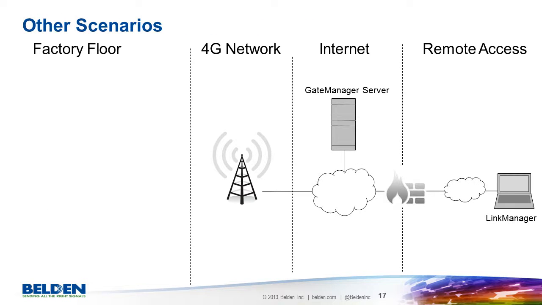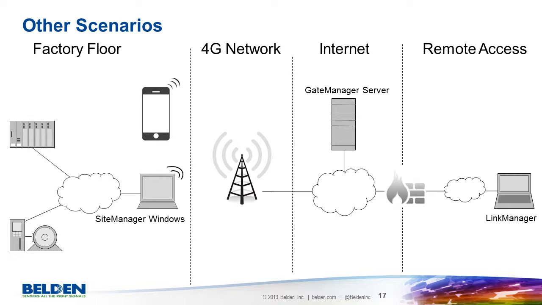As previously mentioned, there are many other possible combinations. Just out of interest, here's an example. In this case, the Site Manager PC is tethered to a mobile phone, so the phone acts as a wireless access point. The Site Manager PC will only connect to that specific mobile phone.